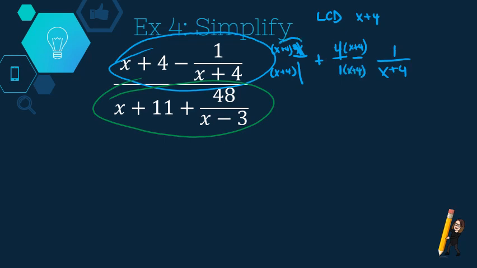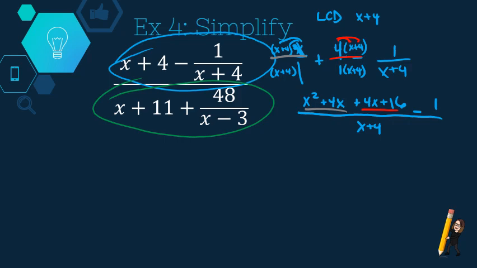So I need to distribute this x. That gets me to x squared plus 4x. So this becomes this. Then I have to distribute this 4, so that becomes positive 4x plus 16. And then I'm subtracting this 1, which already has x plus 4 as a denominator, so I don't need to worry about that, all over that LCD.